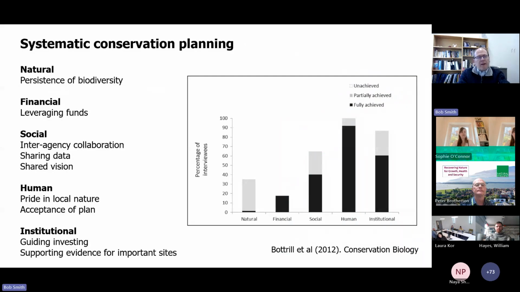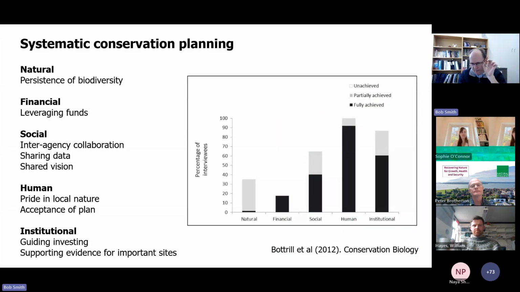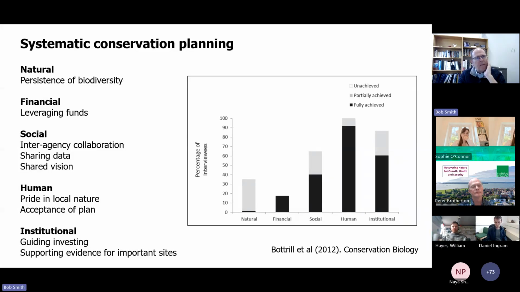And more broadly, this approach of systematic conservation planning, it isn't just the technical element that's so important. It's a way of, as an organisation, as a community, working out what's important and bringing people together to discuss that.